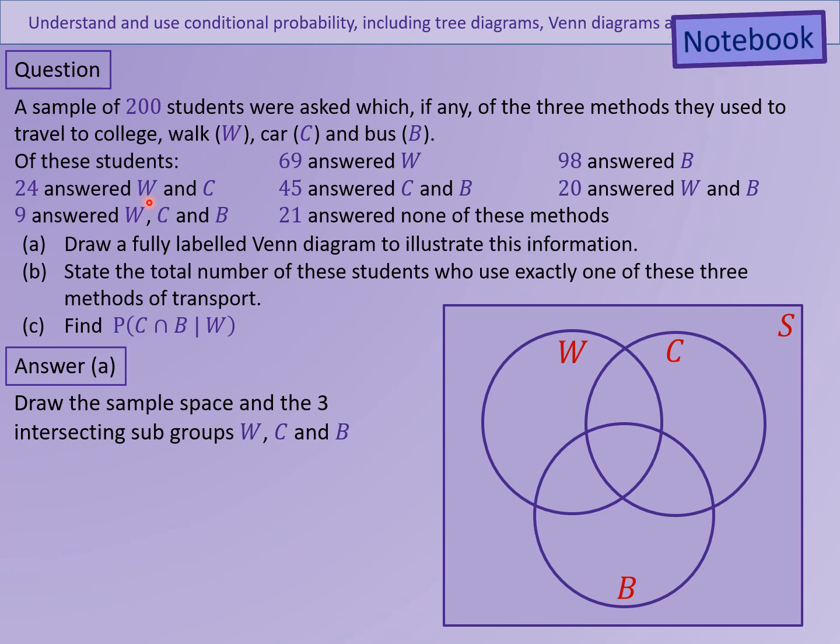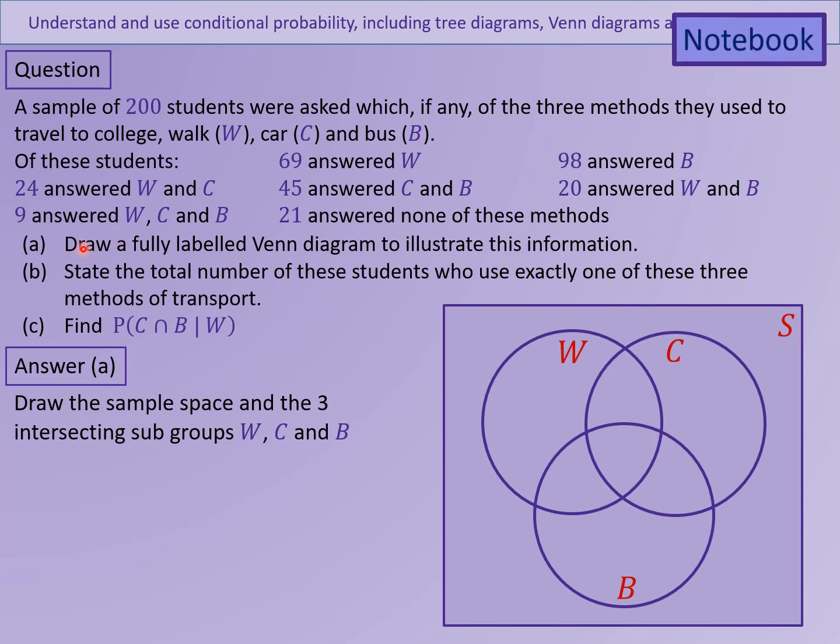24 people said they either walk or take the car. Now walk and take the car is all of this section, because just because they walk and take the car doesn't mean they can't take the bus as well. They could take all three. So we can't fill in that bit as 24.